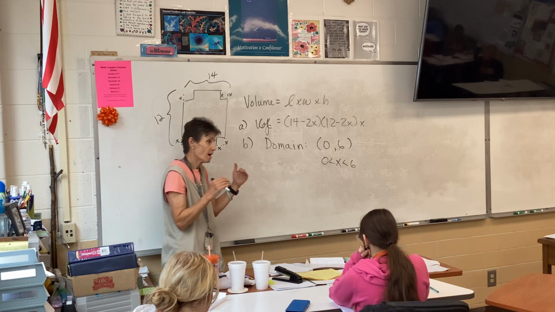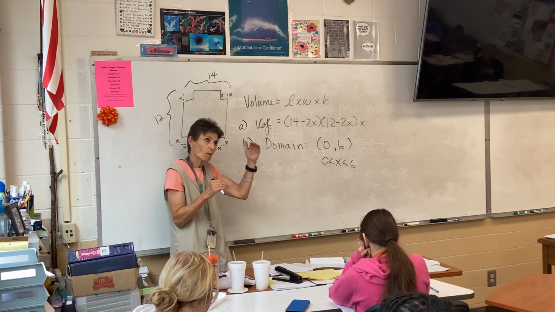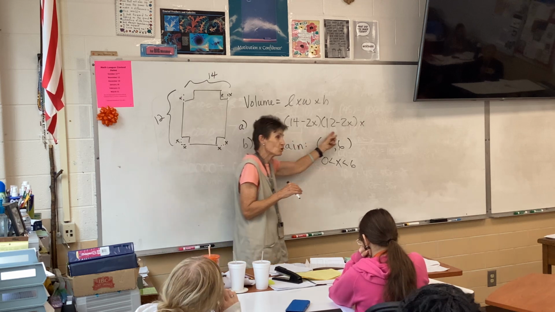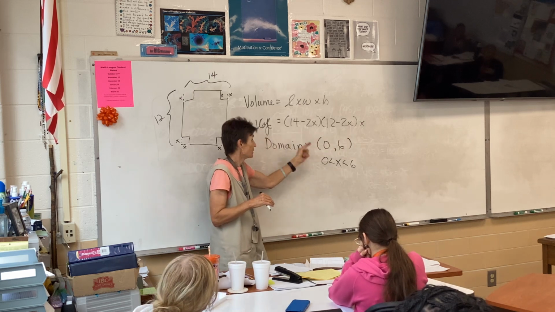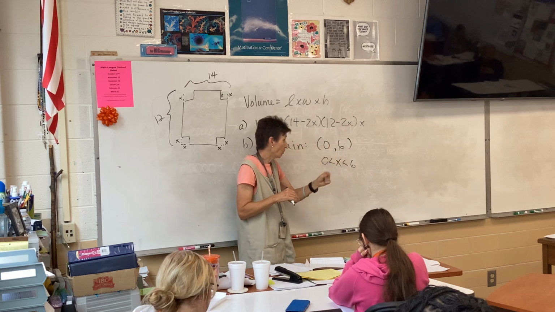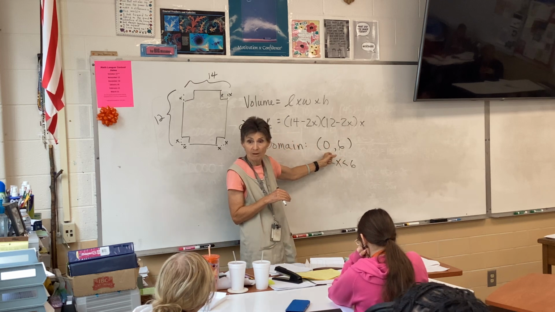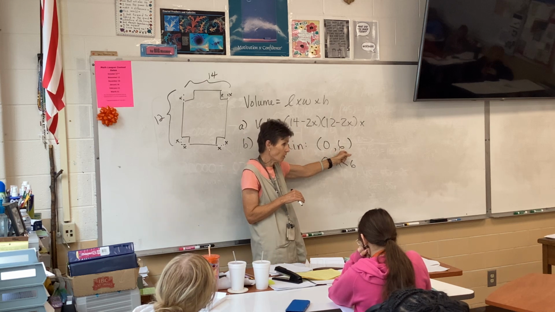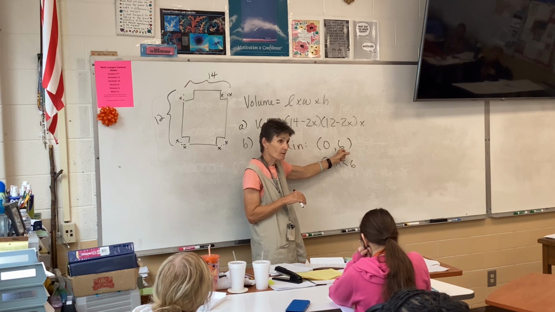Alright, so what I'm trying to get you to see is, these problems are always done exactly the same way. Our equation always looks like this, and the domain will always be 0 on the low end, and half the smallest dimension on the big end of the domain. Okay?